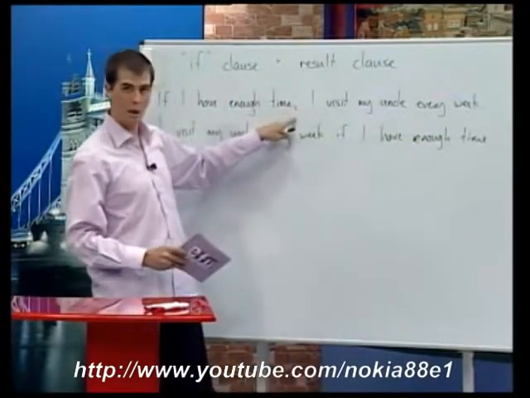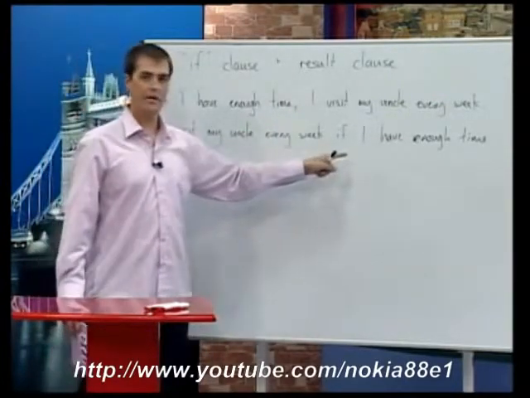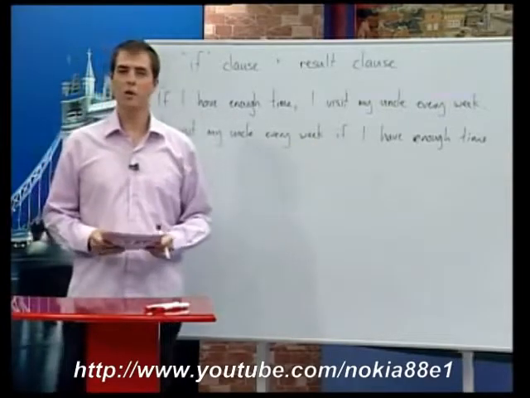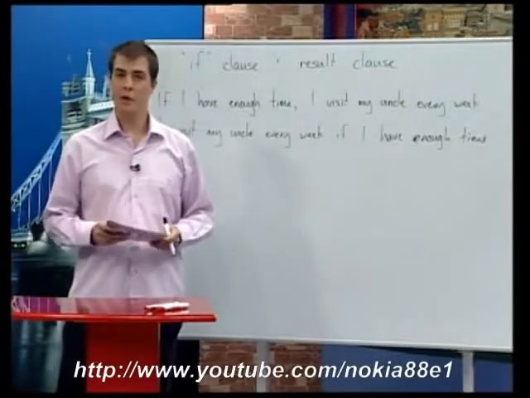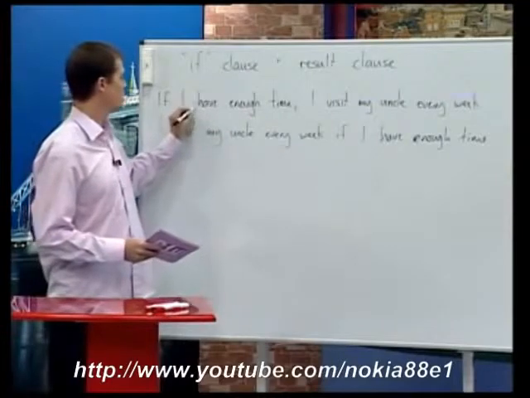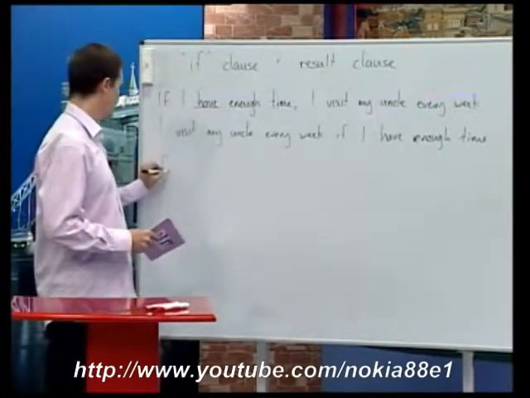If I have enough time, comma, I visit my uncle every week. I visit my uncle every week if I have enough time, no comma. Okay, this is called the first conditional. In the first conditional, notice the verb in the if clause is in the present simple. So let's put this here. First conditional.